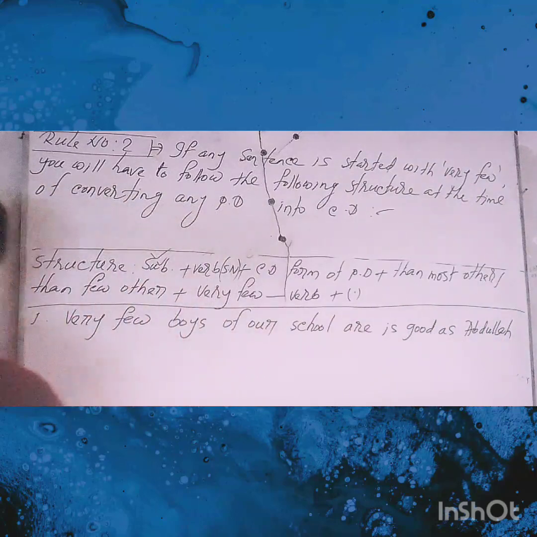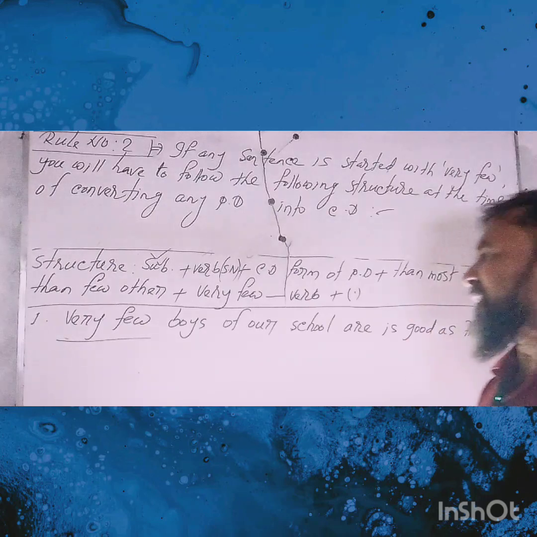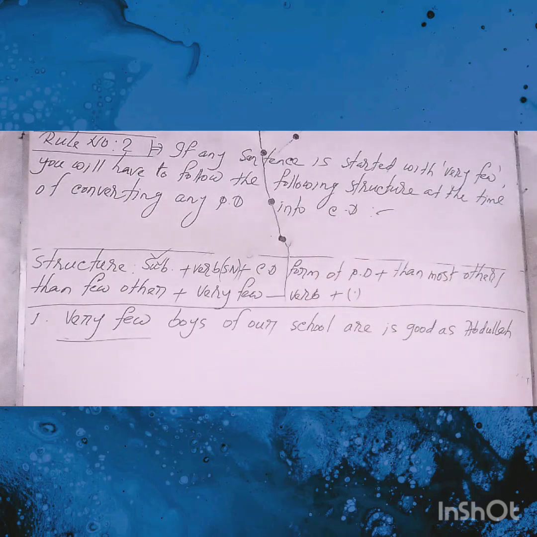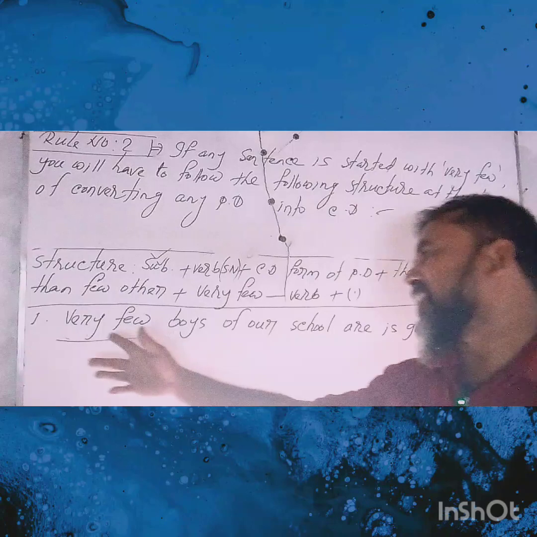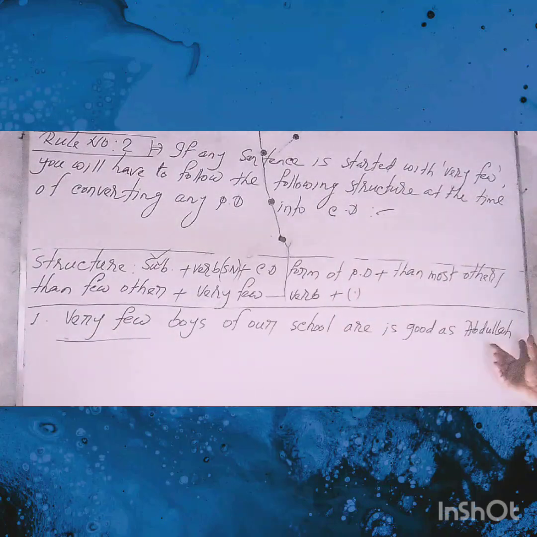Okay, my dear learners, but before converting this statement into comparative, we will have to be sure whether this statement is a positive degree or not. According to my understanding, this statement is of course a positive degree, because you were told that if any sentence starts with "very few" and finally there is a full stop, it is of course a positive degree.